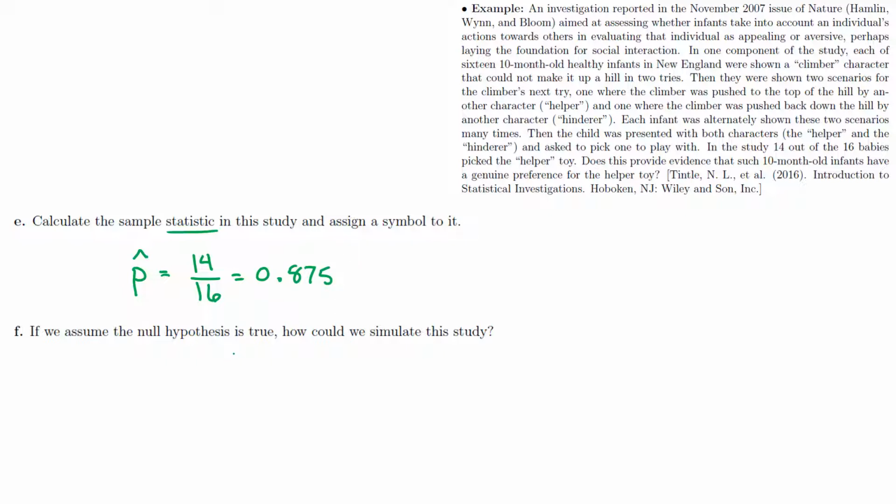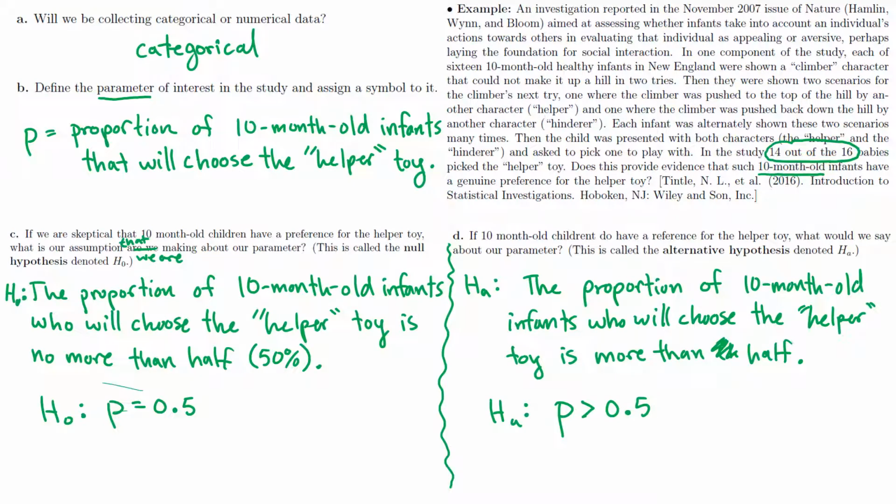So this is telling me that in our small little study here, the helper toy was chosen 87.5% of the time. Now that's clearly more than 50%, right? But we also know that random variability happens.